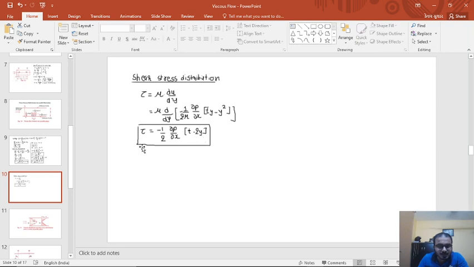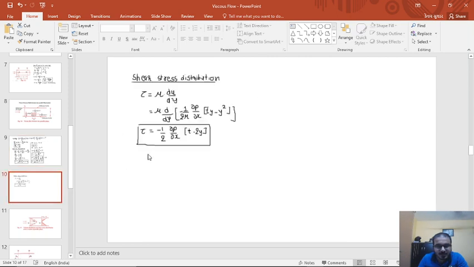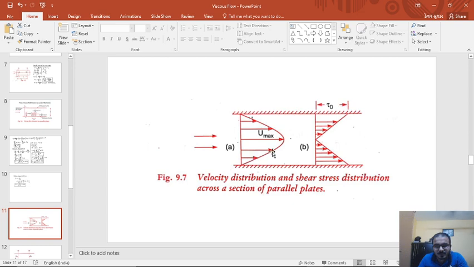So here you can clearly see that the velocity distribution follows the parabolic curve and the shear stress distribution follows the linear relationship, and the same can be visible over here through the velocity distribution and shear stress distribution.